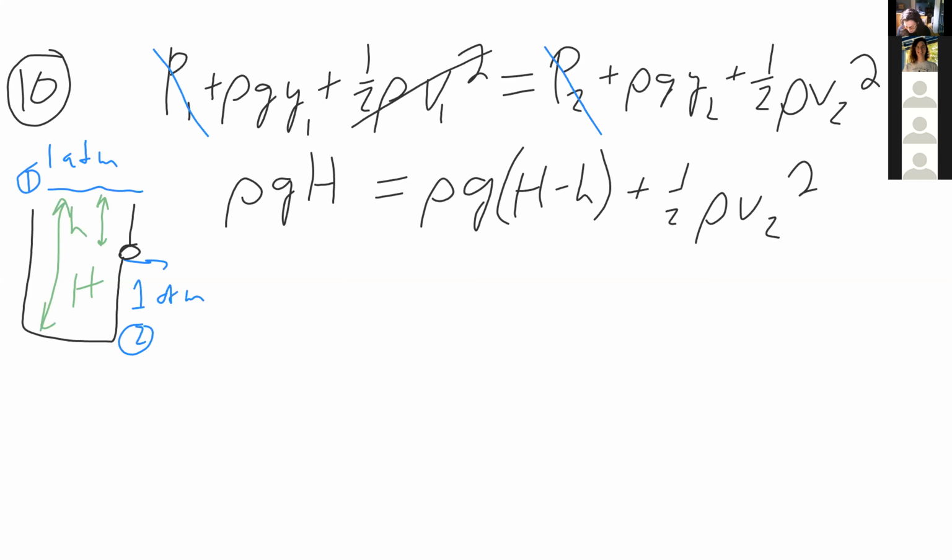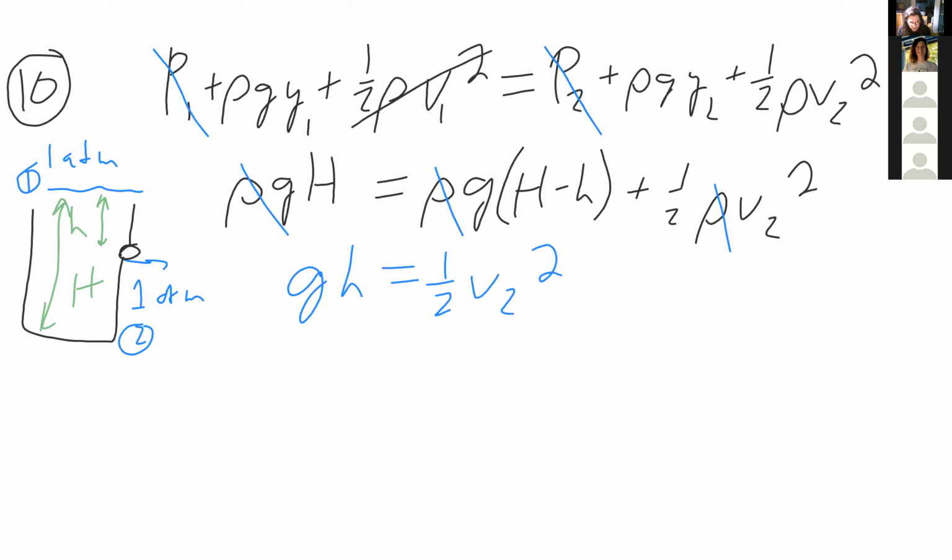And we could simplify here. You could have also just done a difference in the heights, which is little h if you want to, but I'm just being robust in my approach here. My rho is going to cancel out of each of these terms. And then I have g big H minus g big H plus g little h. So that will just give me a g little h on the left-hand side equal to 1/2 v2 squared.